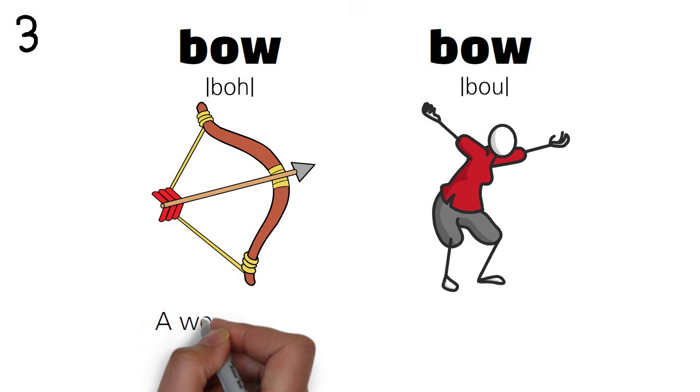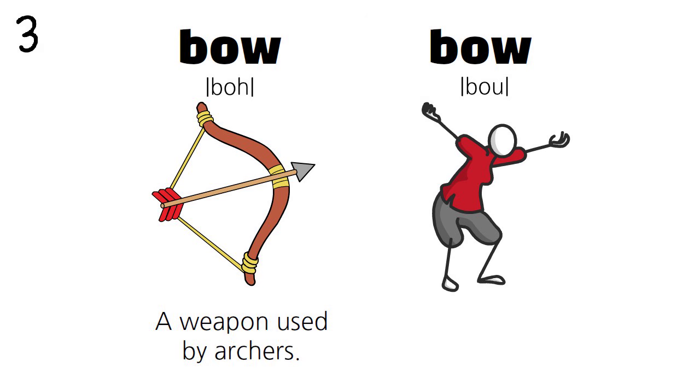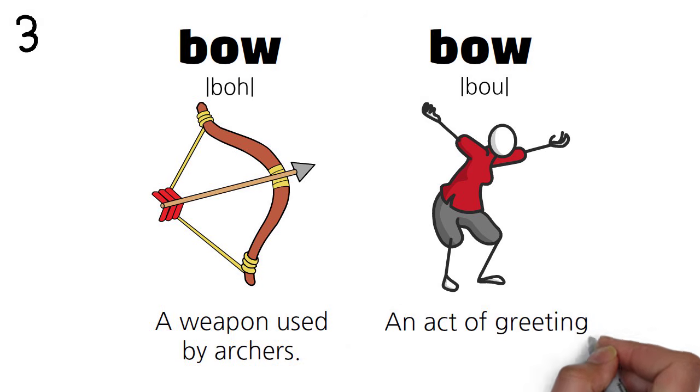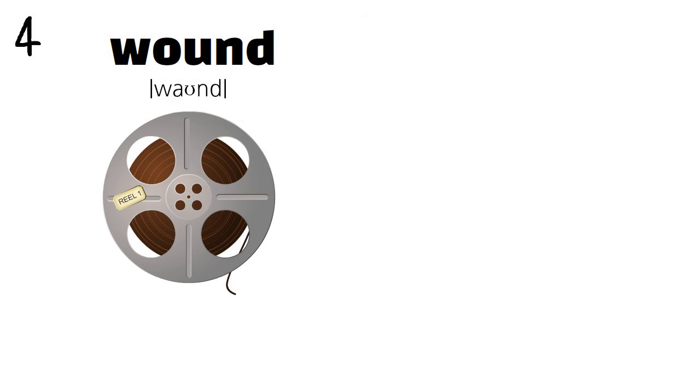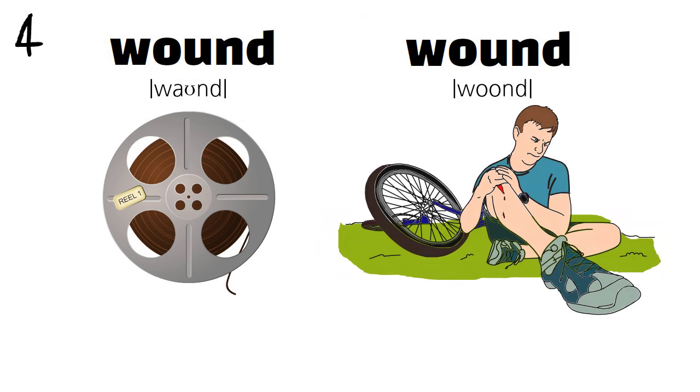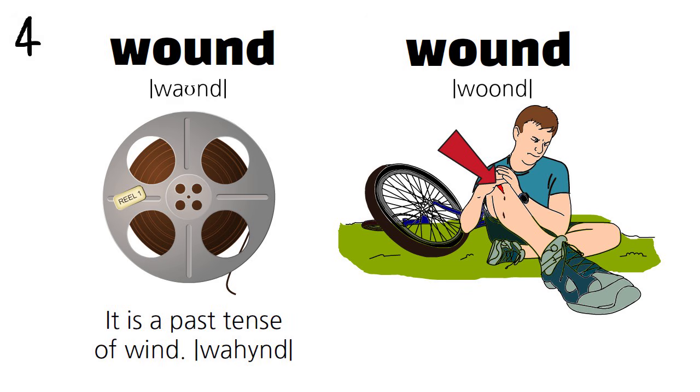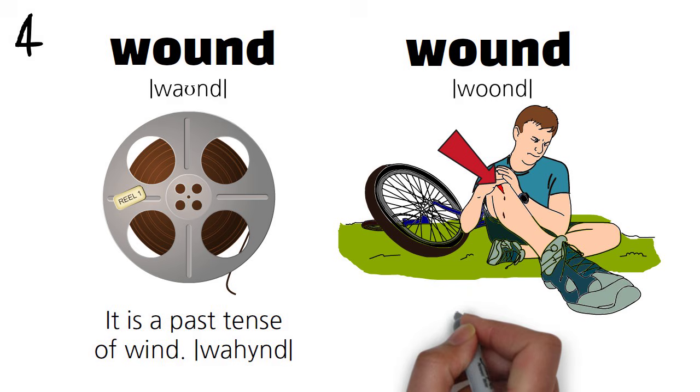So the first one is a weapon used by archers, and the second is an act of greeting. And number 4 is wound and wound. It's the past tense of wind. And the second one is an injury.